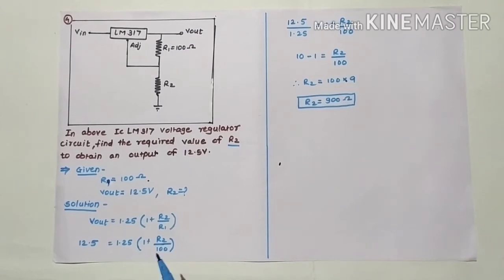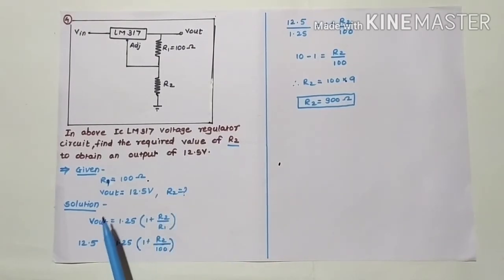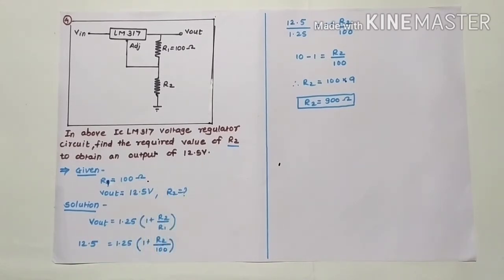If we have to find the value of R2, we know the formula as discussed previously. Vout is equal to 1.25 into bracket 1 plus R2 upon R1. The value of Vout is given in the problem, this is 12.5.